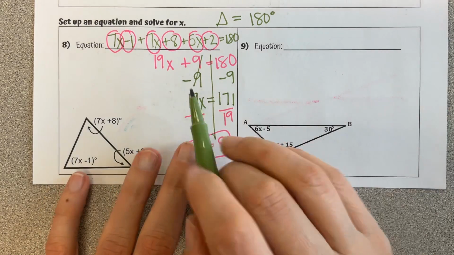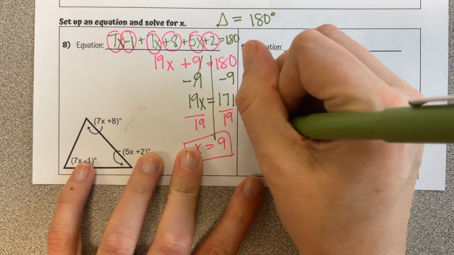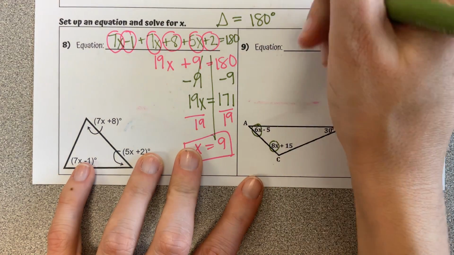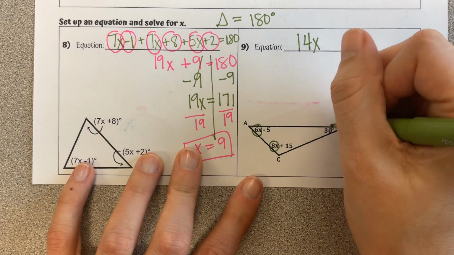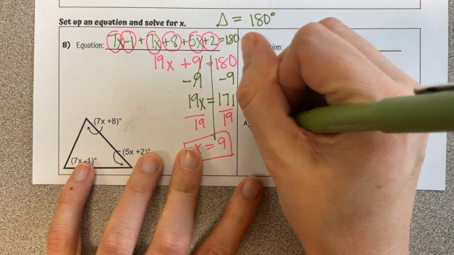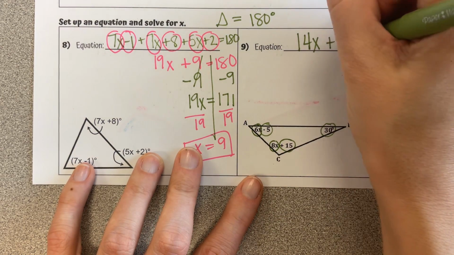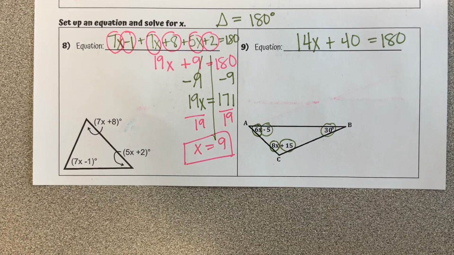One more, same thing. This time I'm going to go straight to the simplified version. So we're adding these 3 angles. I have 6 x's and 8 x's, which gives me a total of 14 x's. And then for my constants, I have positive 15 and negative 5, which is 10, plus 30 is 40. Gives us a total of 180.